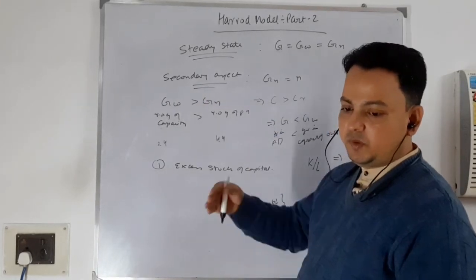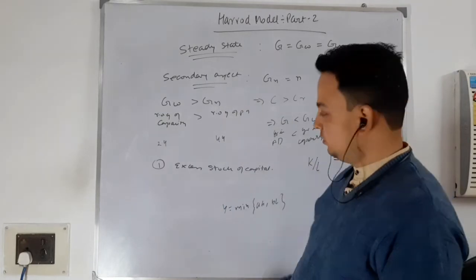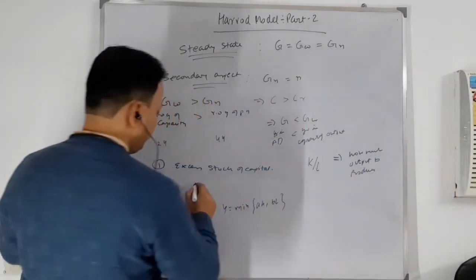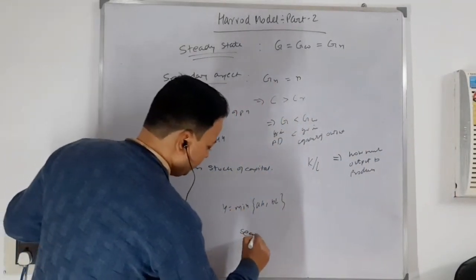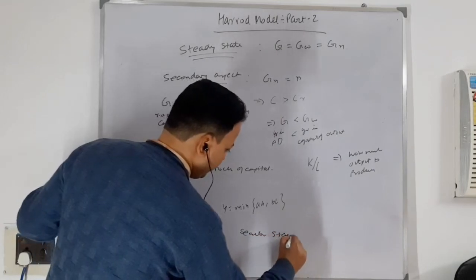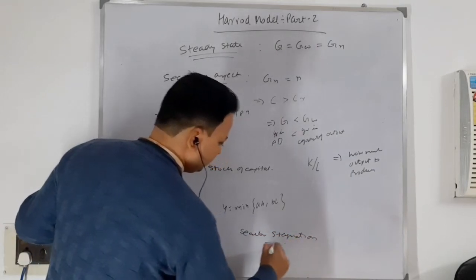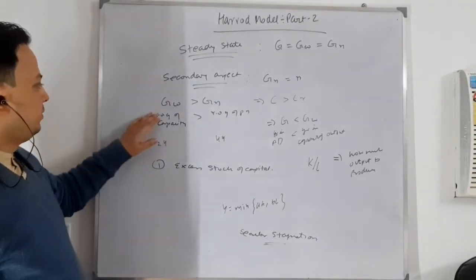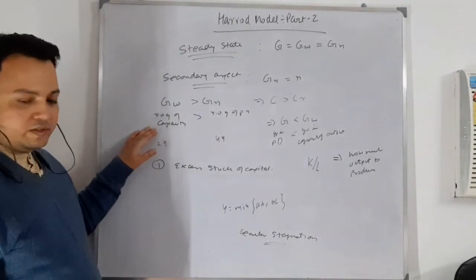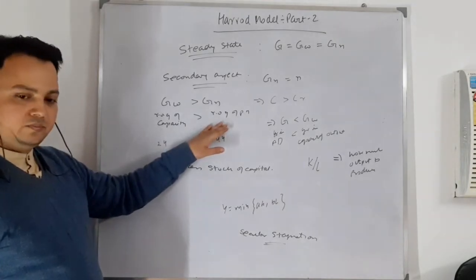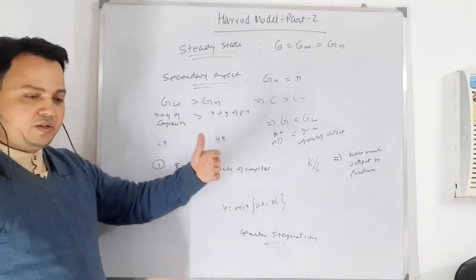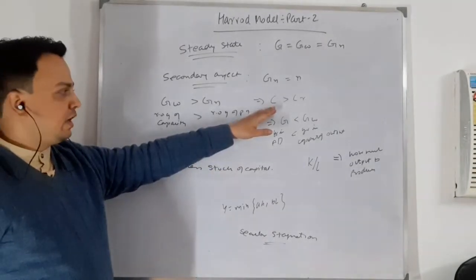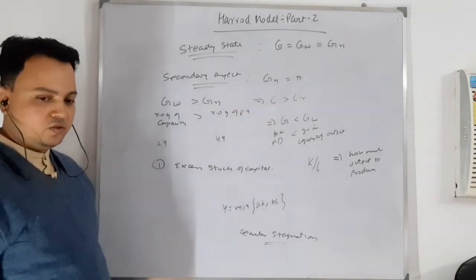So the economy will be having secular stagnation. Let me repeat one more time. Your rate of growth of capacity is more than rate of growth of population. That means in every period, what you will find? Actual capital stock is more than required capital stock.